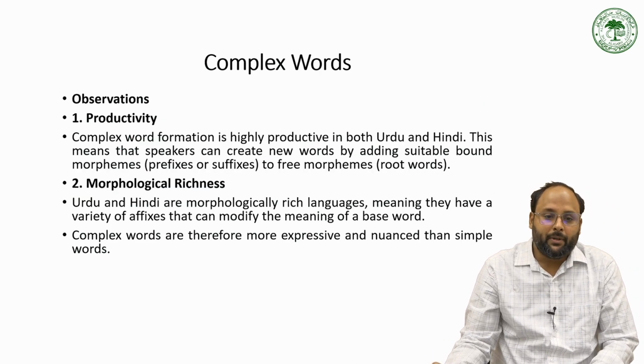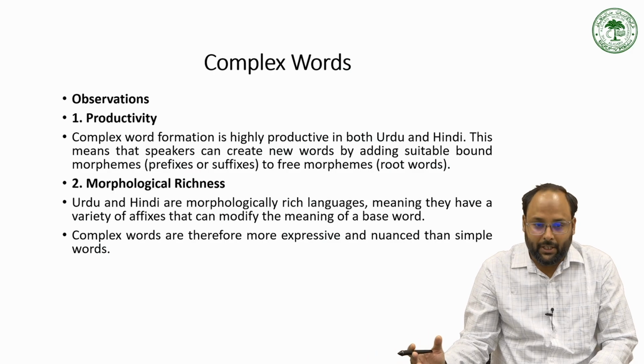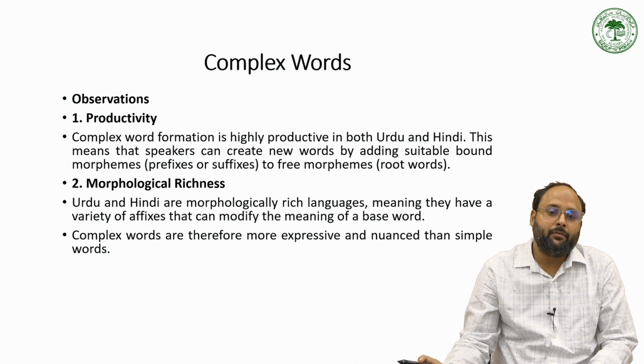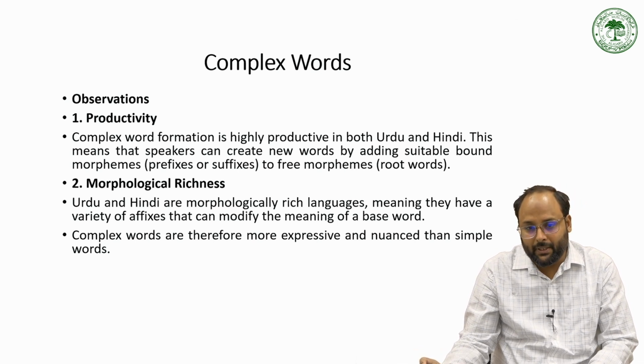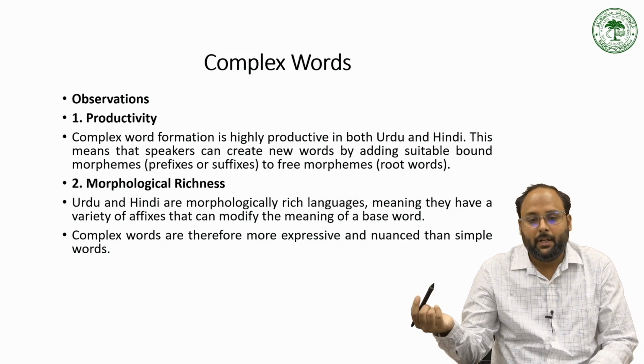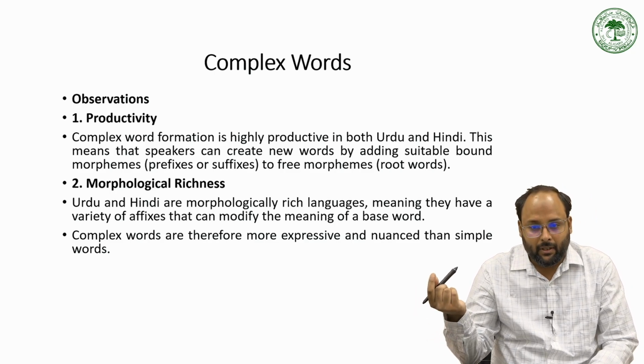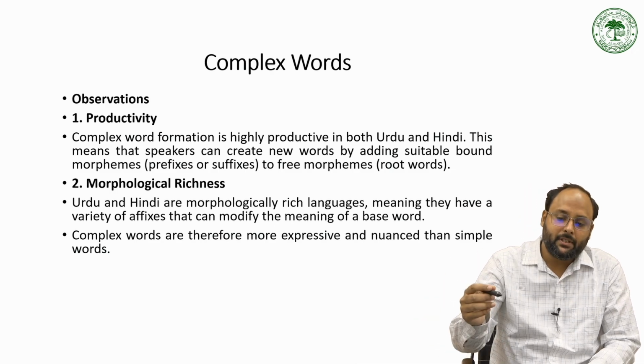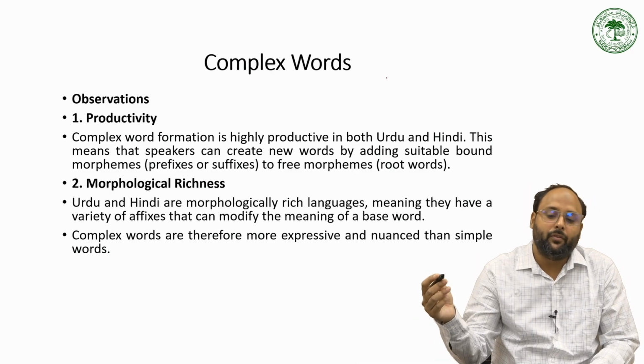Now we have the complex word. They are very productive in nature and they are morphologically rich, which we have already discussed. Productivity means we can create lots of complex words with a free morpheme by just adding some prefixes and suffixes. So that is why they are very productive in nature. You have prefixes like un, ni, ati, with which you can create lots of words.